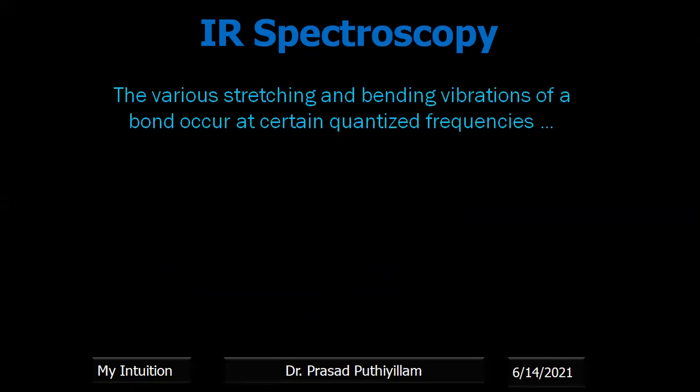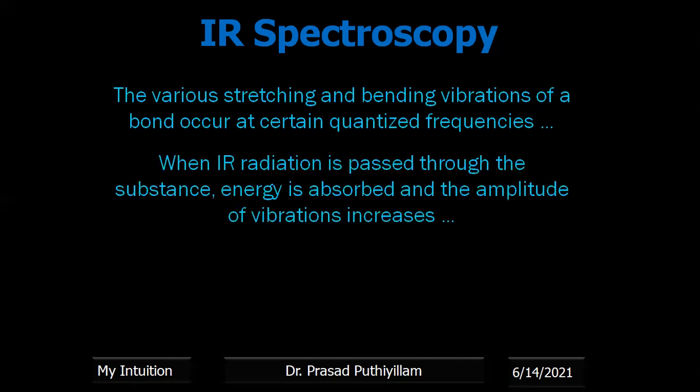That means only if a particular quantum of photons is given will the molecular vibration absorb it, whether it is stretching or bending vibration. If the light passes without the particular energy, it will not absorb; only when it reaches the particular energy level does it undergo that type of vibration.